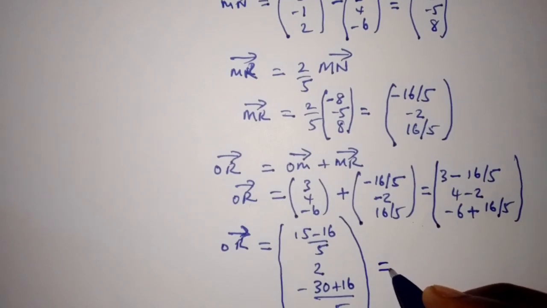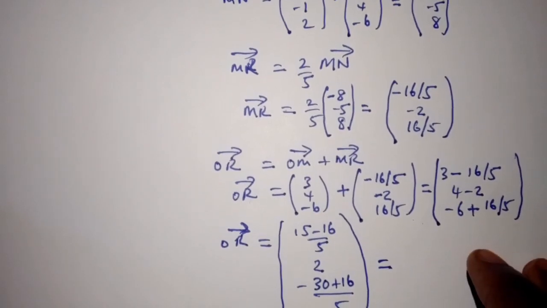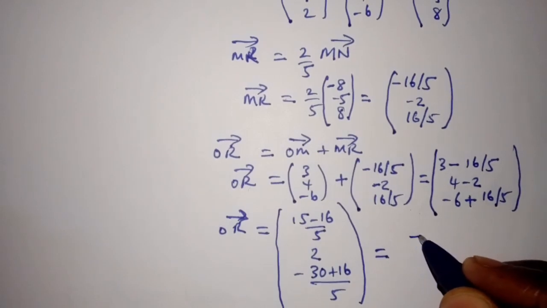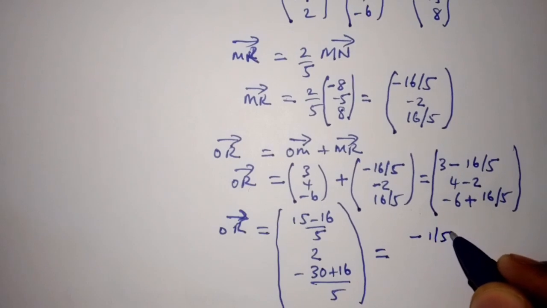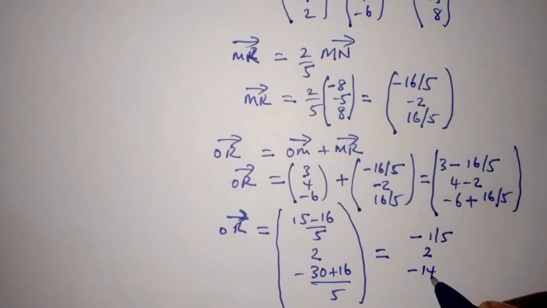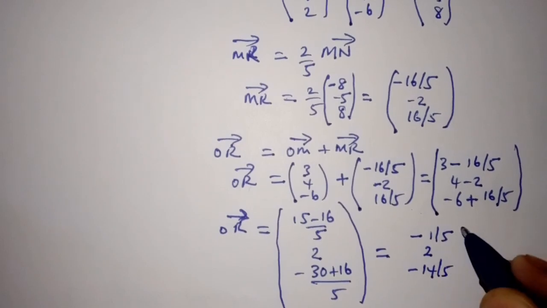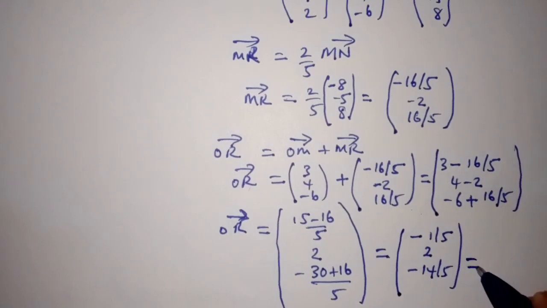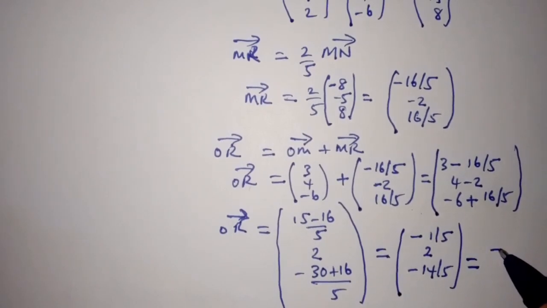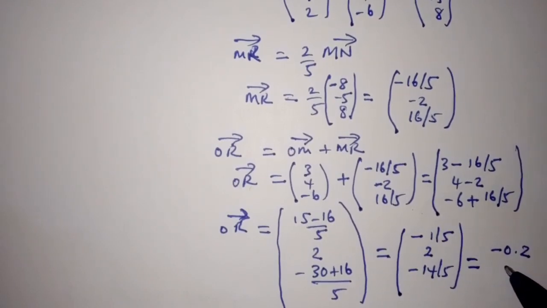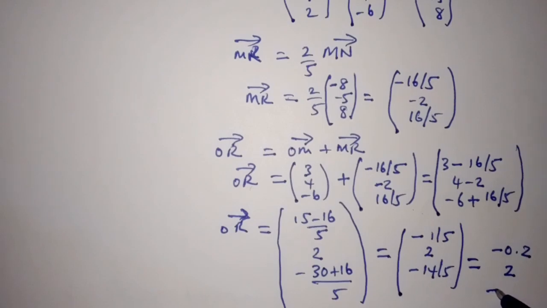And this is going to give us (-1/5, 2, -14/5). And this is going to give us (-0.2, 2, -2.8).